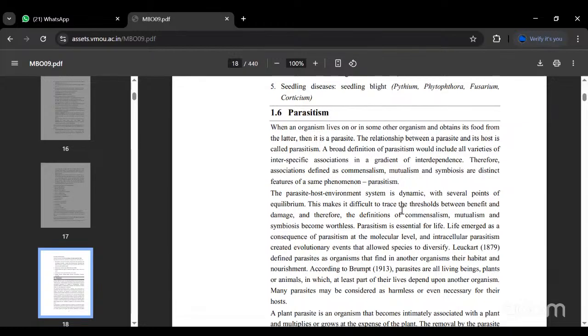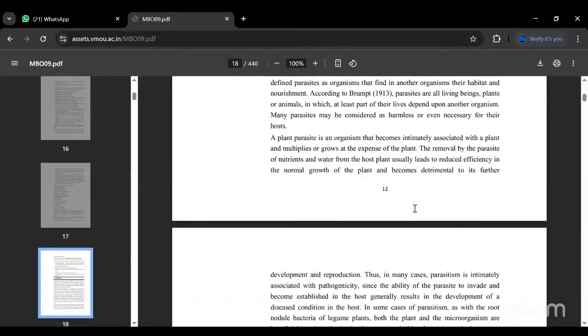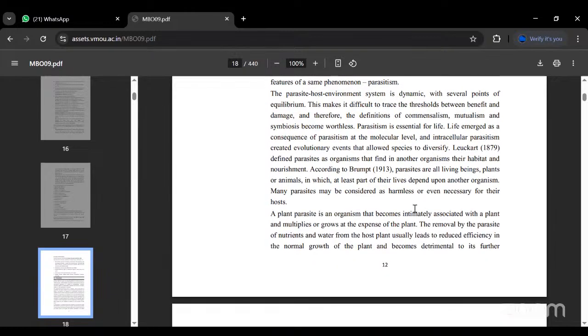A plant parasite is an organism that becomes intimately associated with a plant and multiplies and grows at the expense of the plant. The parasite removes nutrients and water from the host plant.